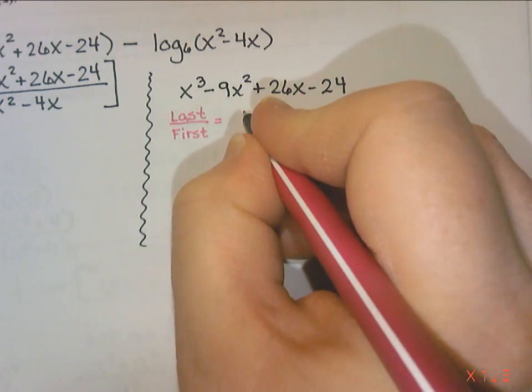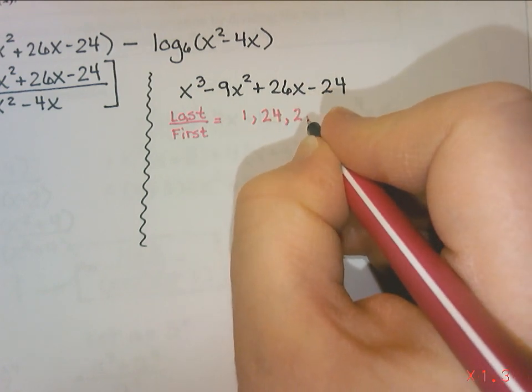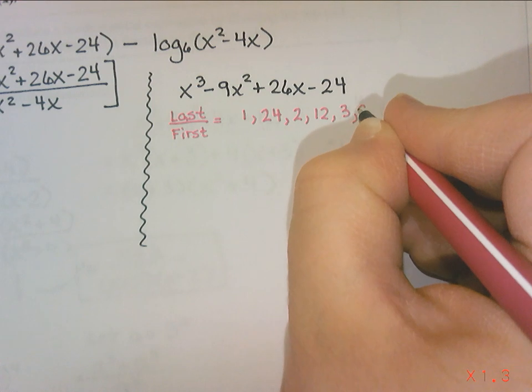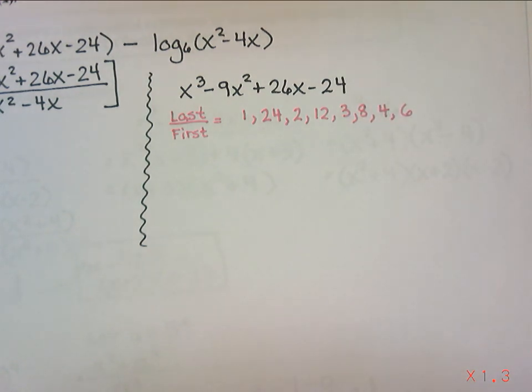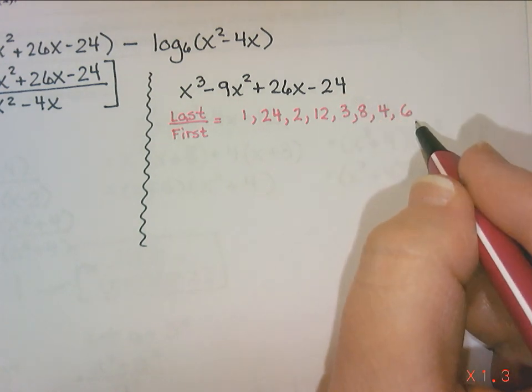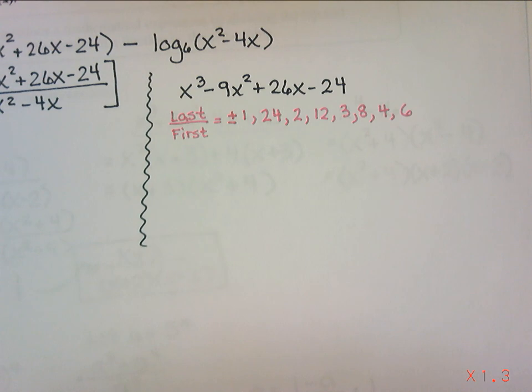So I could do 1 and 24, 2 and 12, 3 and 8, 4 and 6. 5 does not go into 24 evenly, and then 6 is already on the list, so I know I can stop. They could be positive or negative.